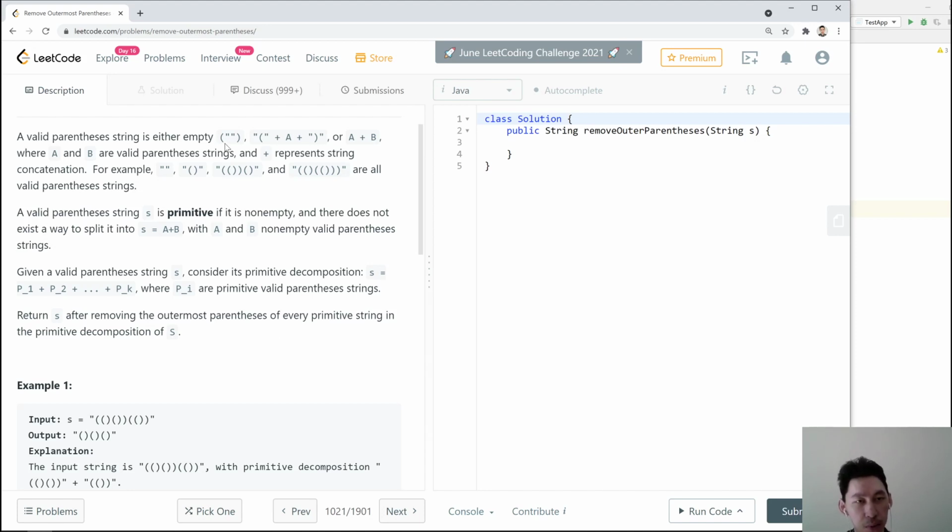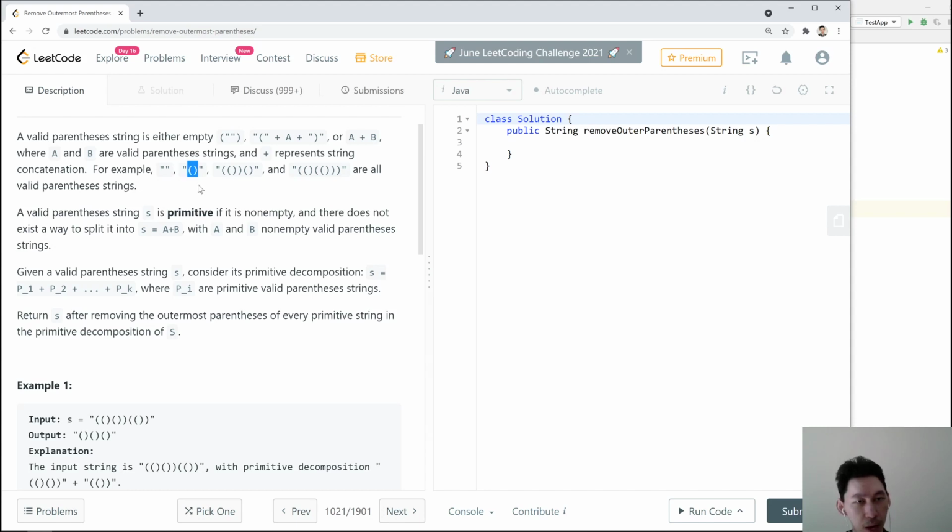A valid string is either empty or one of these. And then A and B are valid. So is that like recursion going on? So that is valid. Essentially, the empty string is valid.